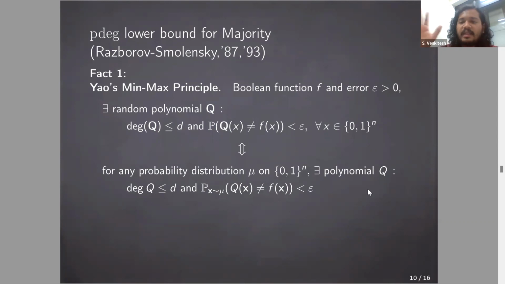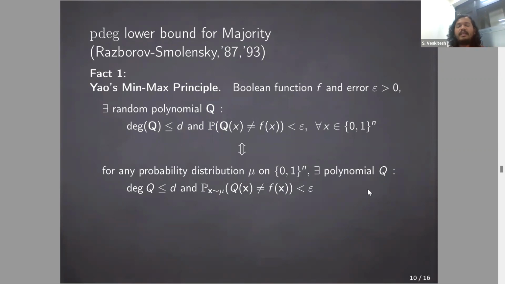This is equivalent to the other statement, which is that given any probability distribution on the point set, on the Boolean cube, there is an explicit polynomial q with degree at most d that agrees with the function f with high probability, where the randomness is in the choice of the input now, not in the choice of the polynomial.